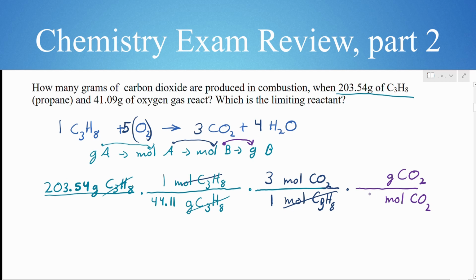So how many grams of carbon dioxide are in 1 mole of carbon dioxide? Well, this is going to be equal to 44.01. Okay, and now that I can cancel out moles of carbon dioxide, I see that I'm left with grams of carbon dioxide. And now I can just multiply straight across.